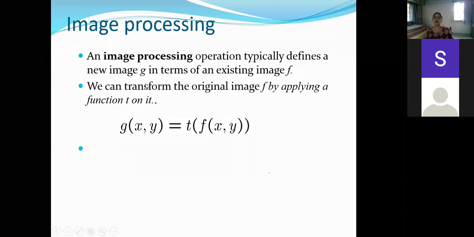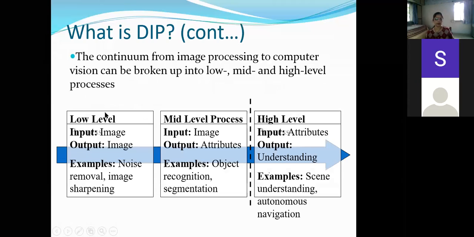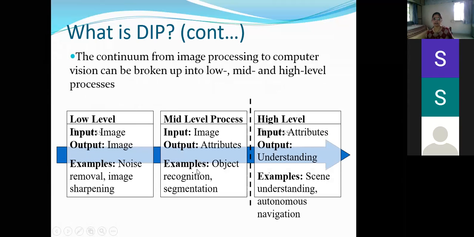So this is the meaning of image processing: we modify the pixel values of the original image by applying some function T to get a processed image g(x,y). We talked about low level, mid level, and high level image processing operations.